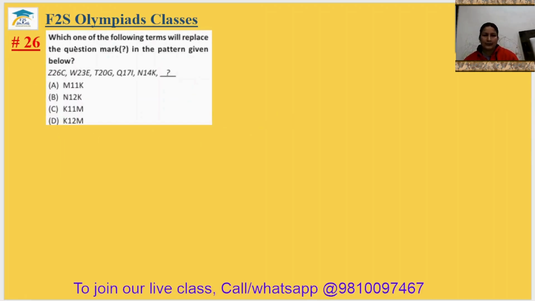Question number 26. Which one of the following terms will replace the question mark in the pattern given below? Okay, so we can just see Z, 26 and C. It became W, 23 and E. So Z became W. It means minus 3, 26 to 23 minus 3, and C to E plus 2.